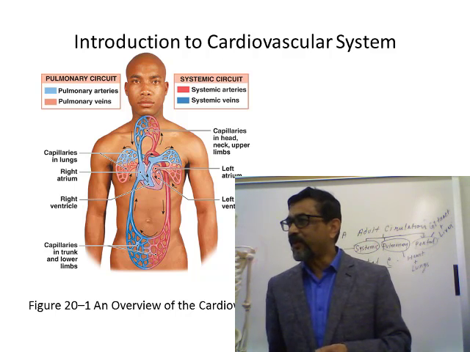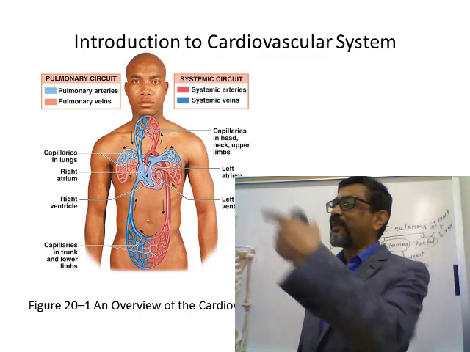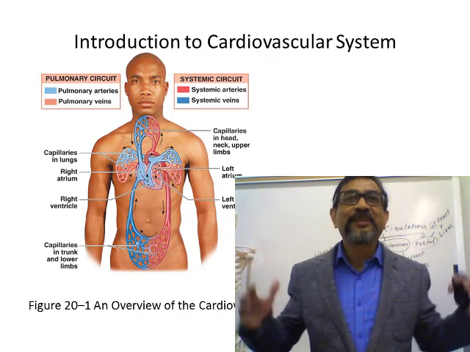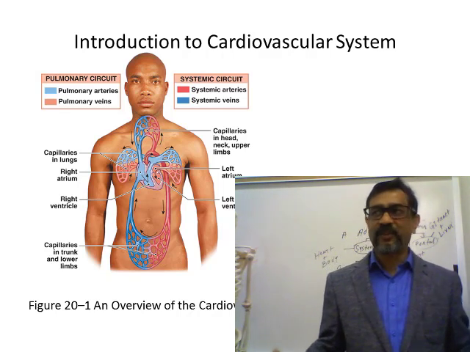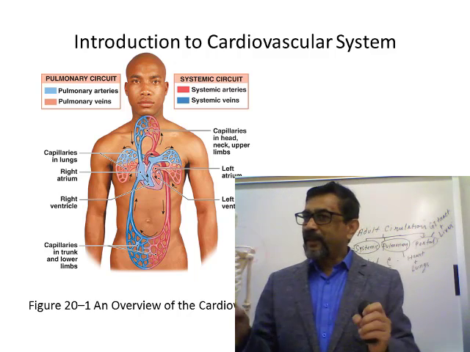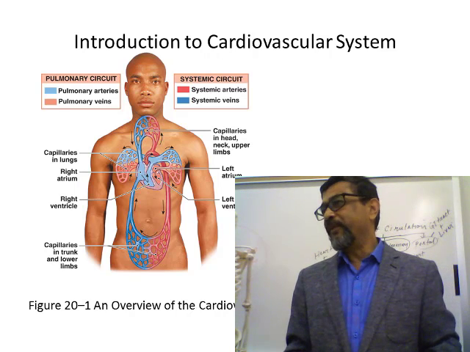And it receives carbon dioxide, because your tissue is continuously producing carbon dioxide, right? It needs oxygen for metabolism, and carbon dioxide is being produced by metabolism. So blood is giving oxygen to the body and getting carbon dioxide from the body.